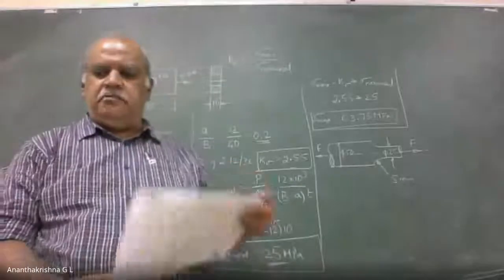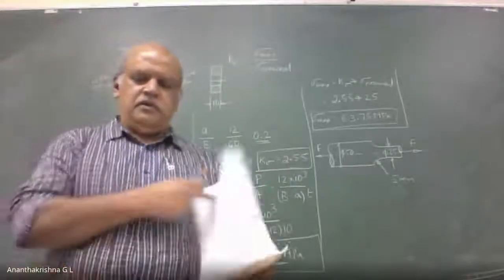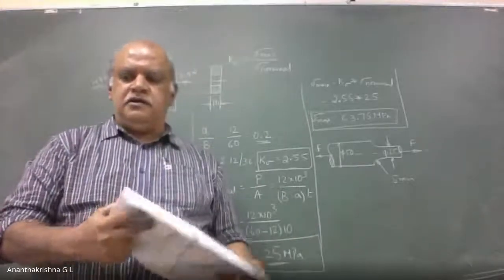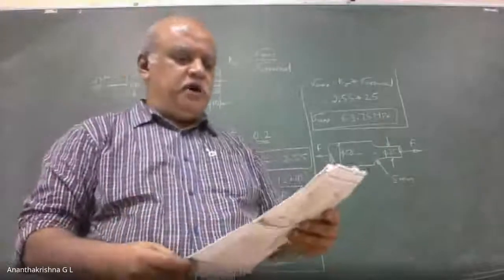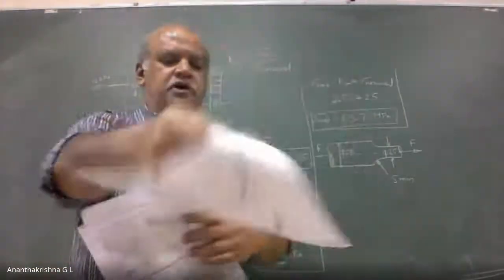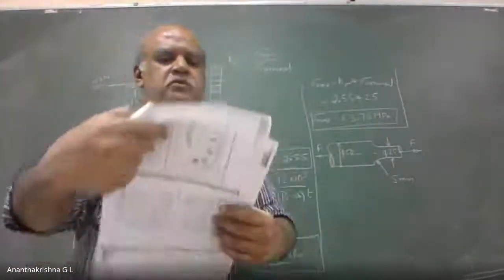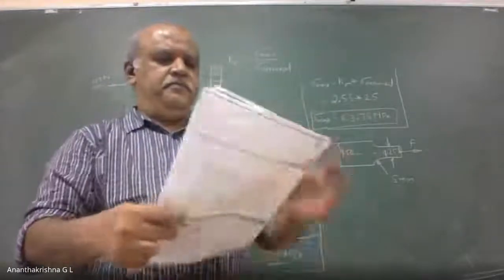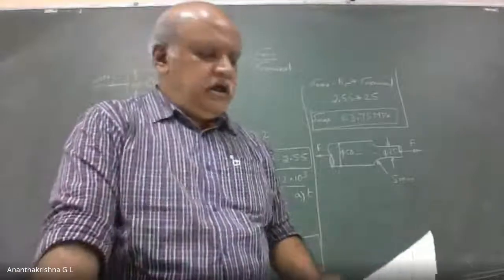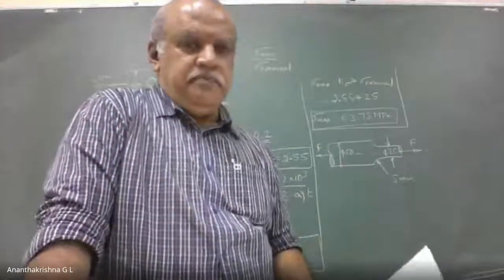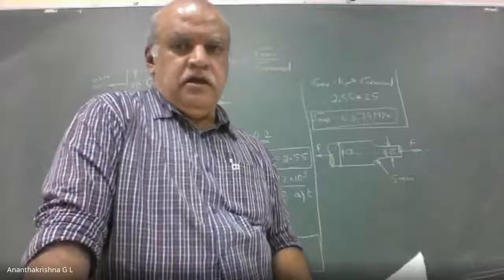Yeah, figure number 2.24. 2.24 is one important thing there. Go to 2.23. Figure 2.23. Please go to figure 2.23. Okay. Are you all there at figure 2.23? Yes, sir. Yes, sir. Yeah. Right.